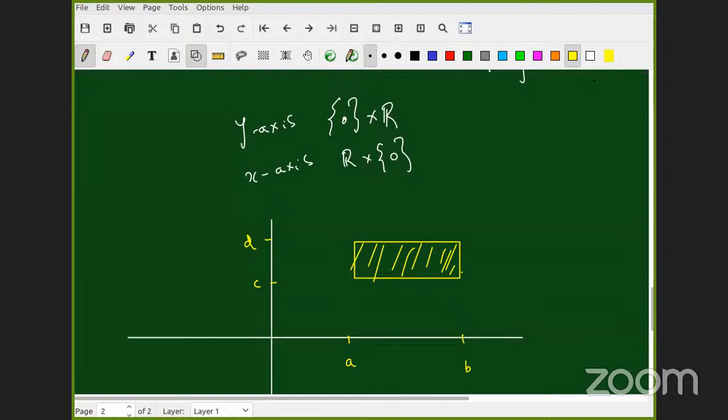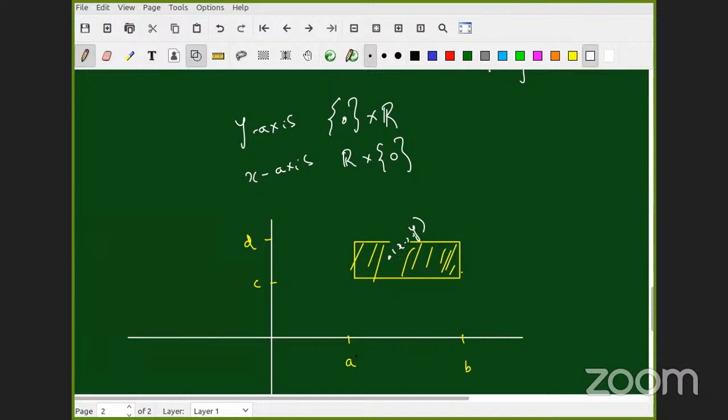See, again, I'm reiterating, if you don't know what this set is, put a point inside this set. Let me put a point here in color. Call it the ordered pair A comma B. Find the condition on A and the condition on B. So where should A vary from? Or I'll simply say put the ordered pair X comma Y, because A, B is already there. To which set should X belong?